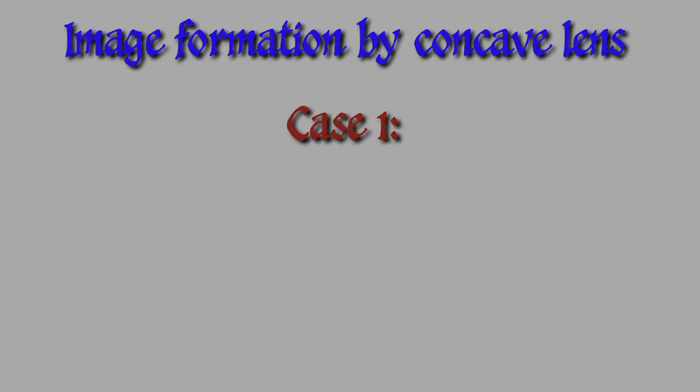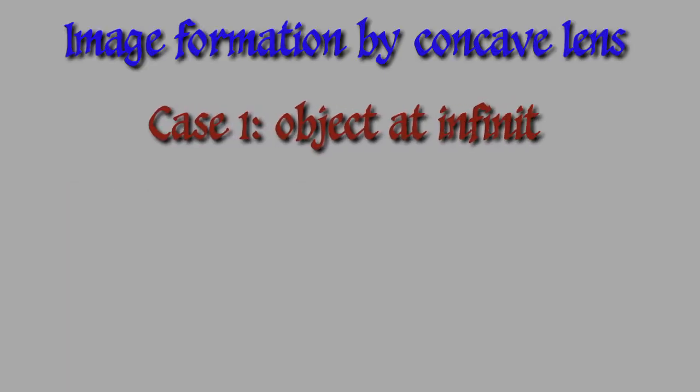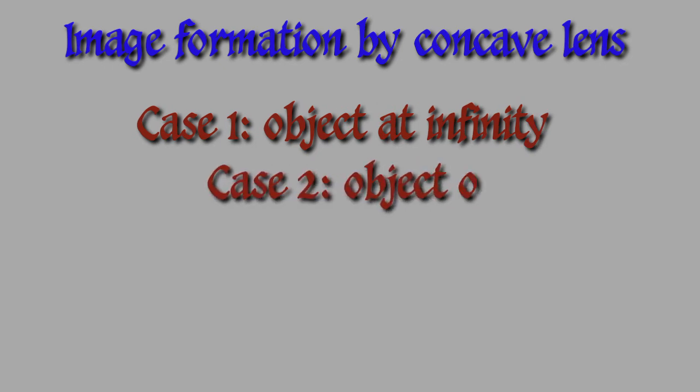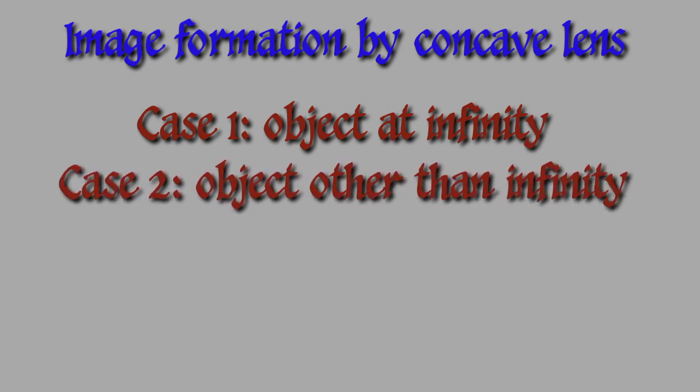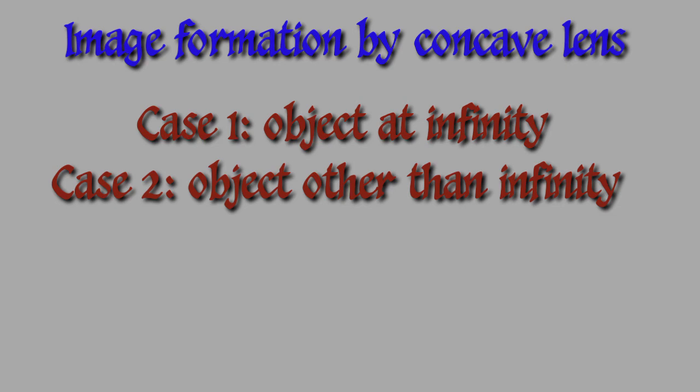Next, we have to consider the image formation by a concave lens. In case of this concave lens, we can place the object in front of this lens at different locations, but only two types of images are formed. Therefore, we have to consider only two cases of image formation.